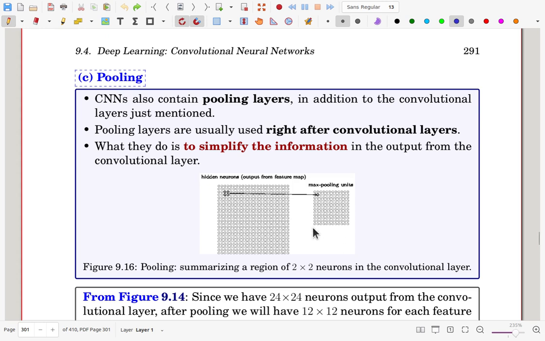So after pooling, the image becomes 12 by 12. That is the pooling. And 24 by 24 is, in a sense, not necessary. It's too large yet, so we try to select the information, simplifying many values, to get much simpler information. That is the idea of pooling.